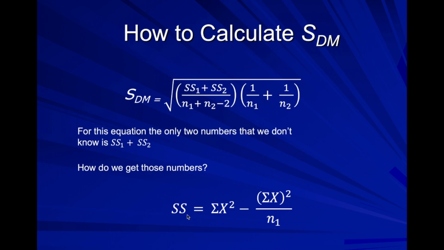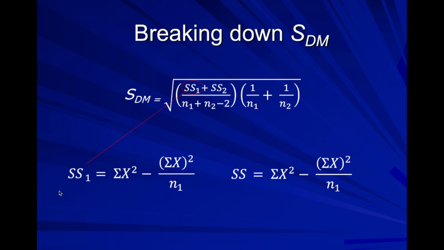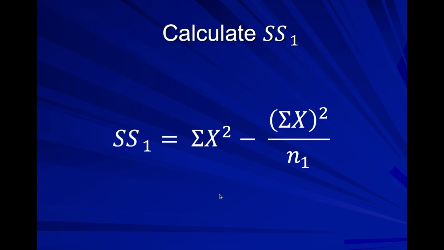So this could be SS1. I think that might be how it's listed in the handout. So SS1 is sigma x squared minus that quantity. Okay, and just to highlight, this equation, sum of squares 1, will eventually go here, and sum of squares 2 for the second group will go here, and then you will be on your way. All right, so here we go.